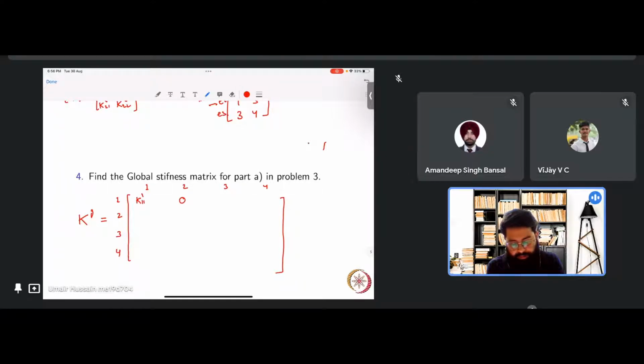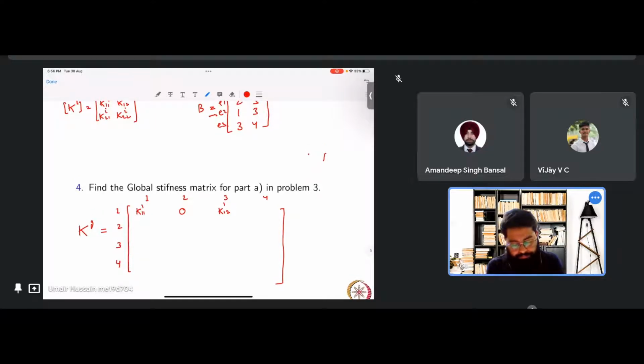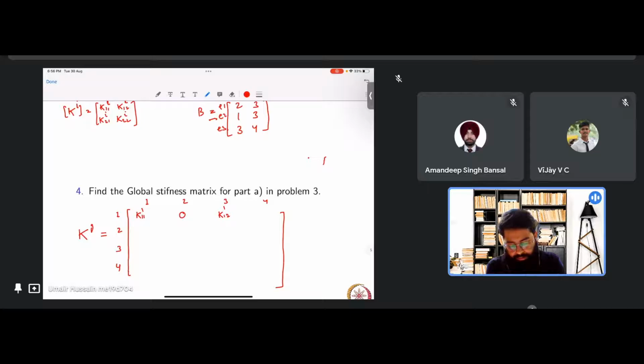And for 1 3 we have for element 2, K1 2 1, isn't it? You're getting it for the connectivity between 1 and 3. 1 and 3, that is given by this position of 1 3, that is available only in element 2. So that's why we have contribution from there. And for 1 4 we don't have any connectivity, we assign them as 0.